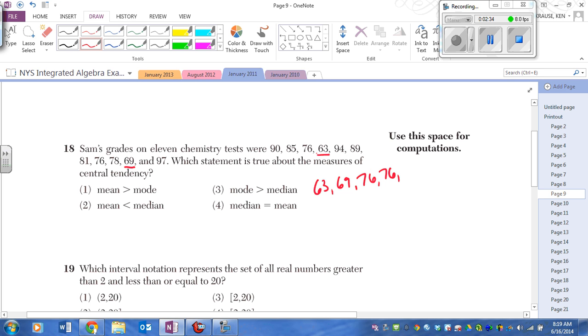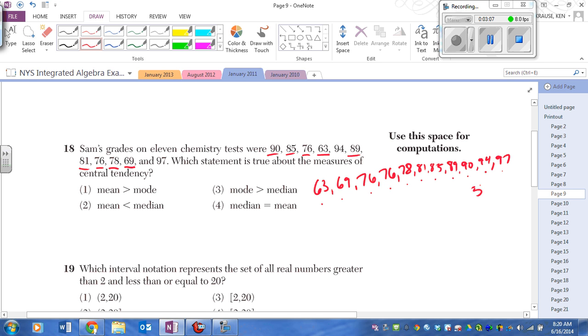76. And 78. 81, 85, 89, 90, 94, and 97. That was 1, 2, 3, 4, 5, 6, 7, 8, 9, 10, 11.